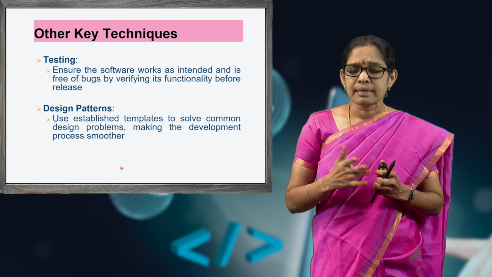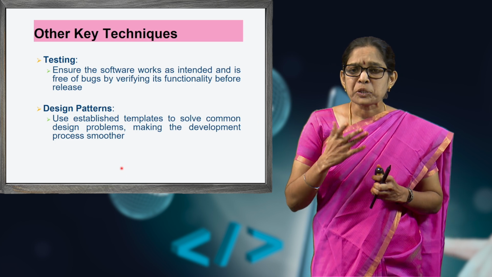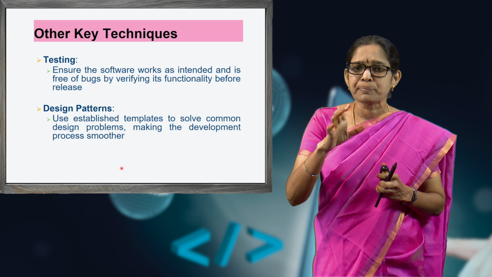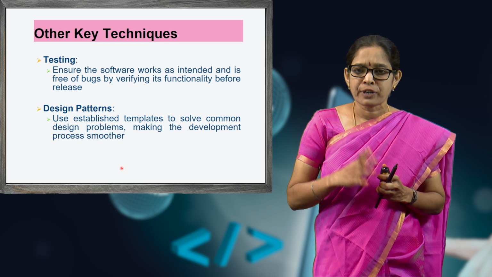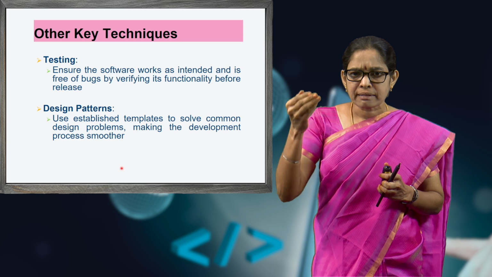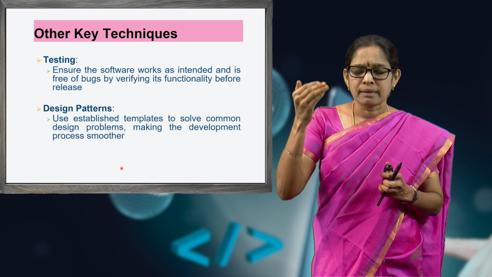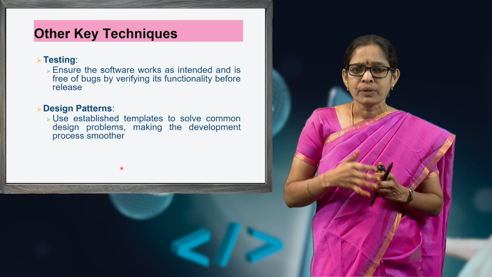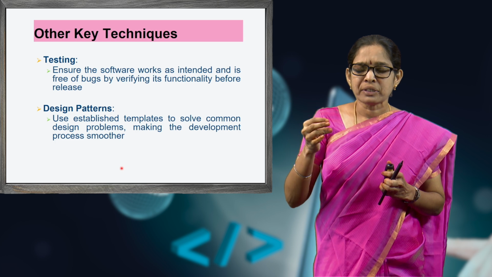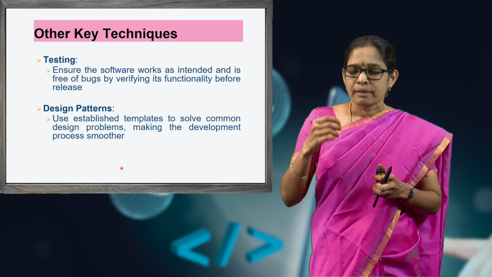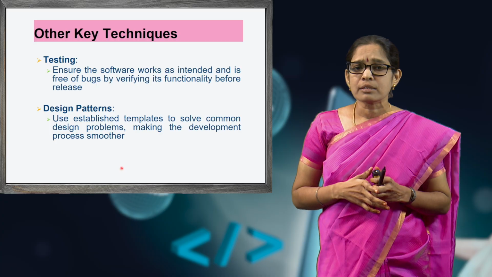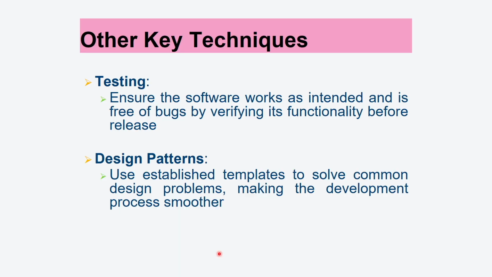As I said earlier, testing ensures that software functions perfectly, which means free of errors, by using 3 types of testing, as I explained in detail earlier: unit testing, integration testing, and system testing. Then the next technique is design patterns. Here we use established templates to solve common design problems, which makes the development process much easier.